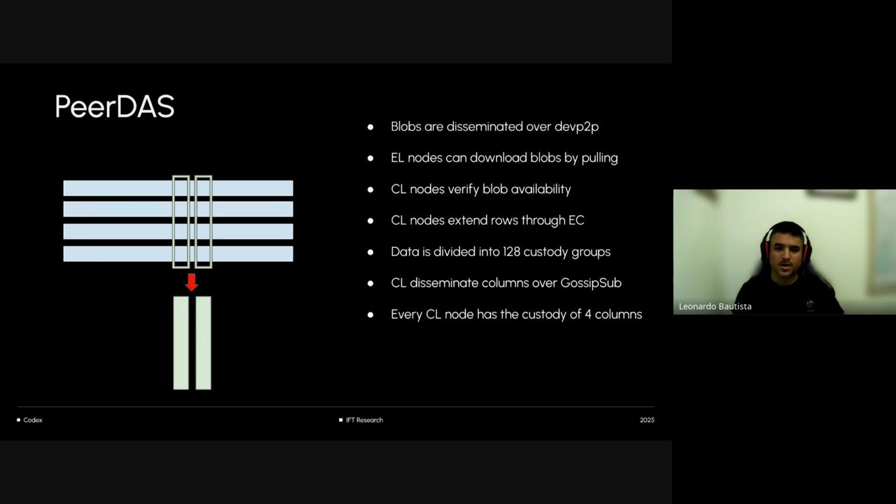I know that they are already working on Discovery 5. Previously, the execution layer was always working on Discovery 4. Now most of the implementations are already working with Discovery 5, so there is a lot of transition going on. Maybe in the future, it's possible that blobs will be disseminated over gossip sub.